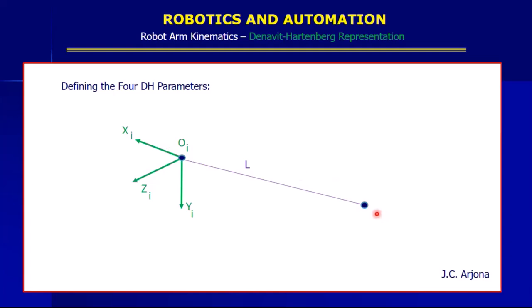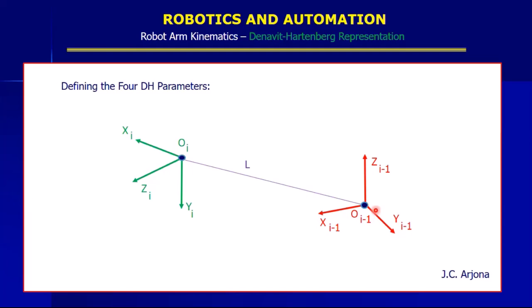Now, the other point is our previous point. Assuming that this is the orientation or position of the frame with respect to origin I minus 1. So here is the xi minus 1. We have the yi minus 1 and the zi minus 1.